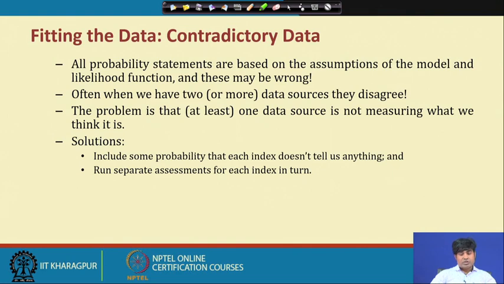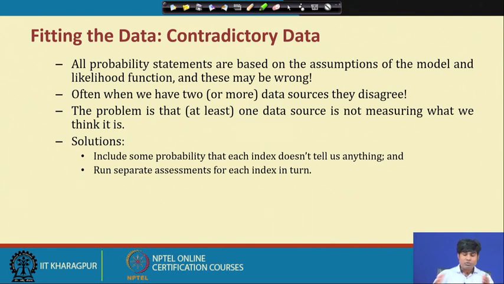Again, contradictory data: all probability statements are based on the assumption of the model and likelihood function, and these may be wrong. Often when we have two data sources, they disagree. The problem is that one data source is not measuring what we think it should be. What is the solution? It includes some probability that each index does not tell us anything, and running separate assessments for each index in turn.